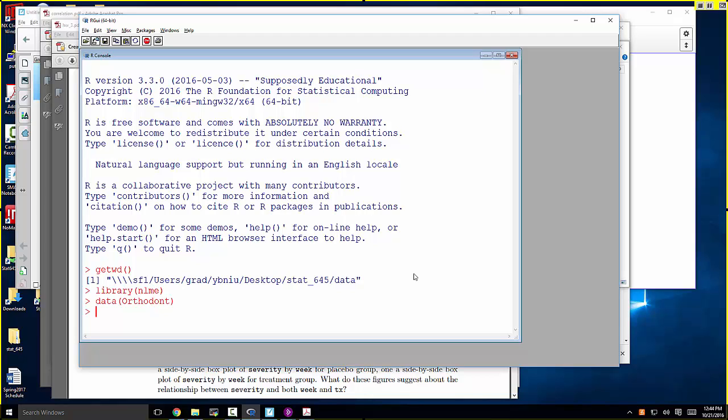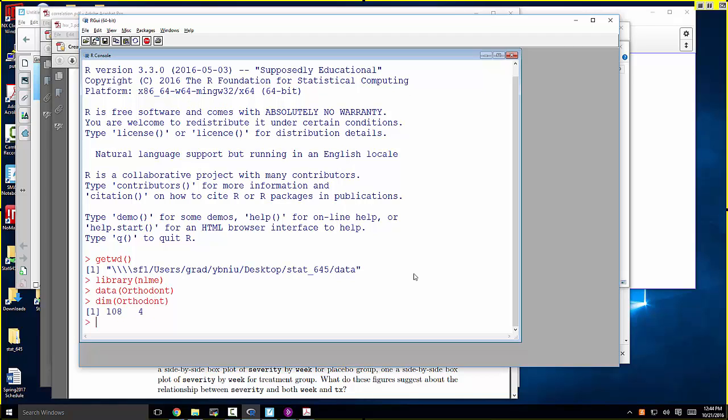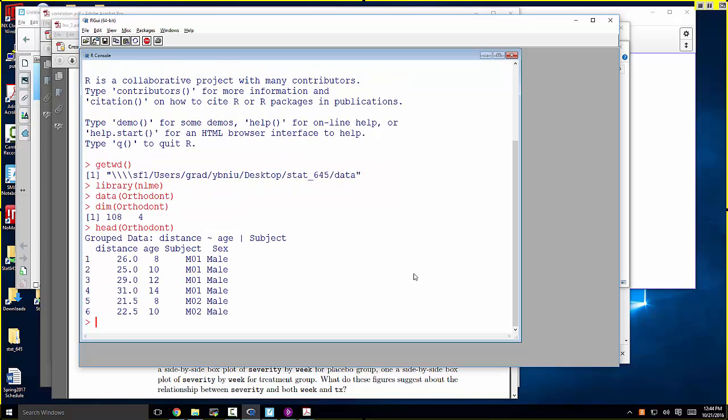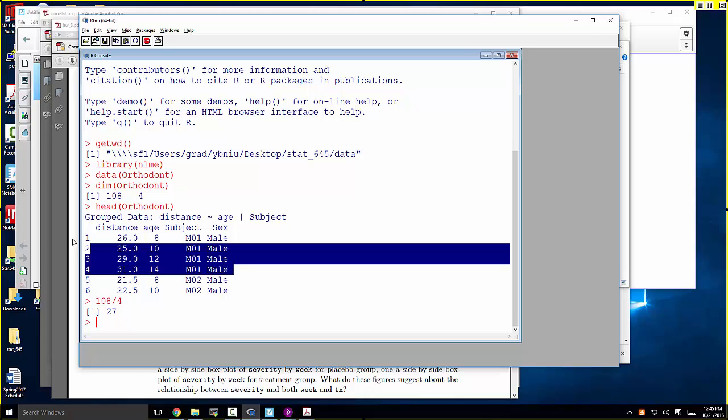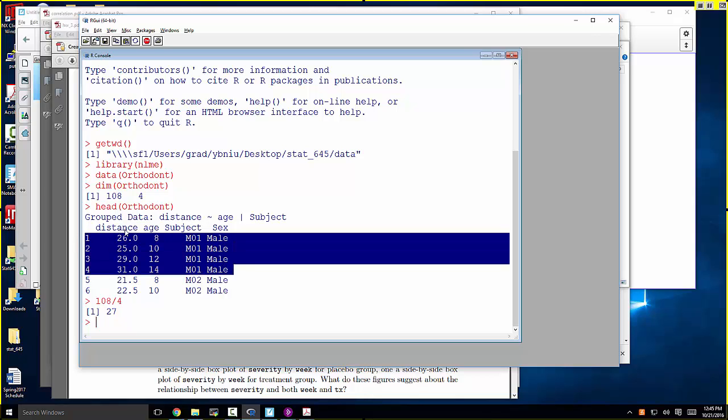Now, there is a data frame called Orthodont. Let's take a peek at it. So for each of 27 people, we have time course data. So the main response variable is this distance, which is, I can't remember the details.